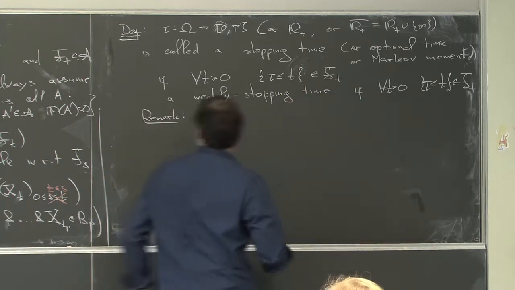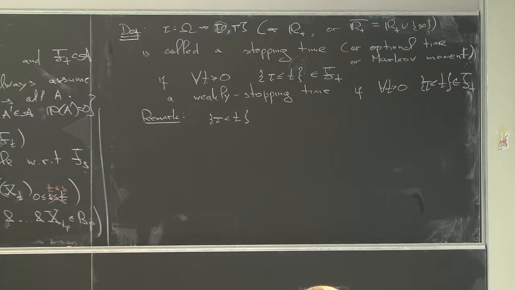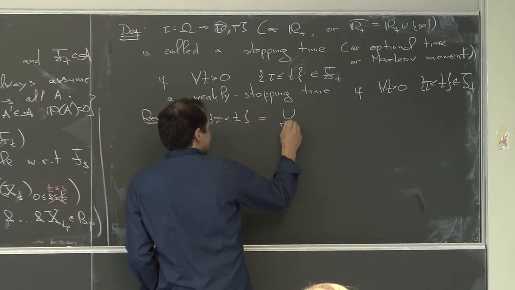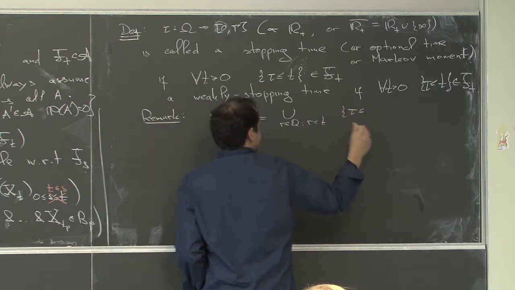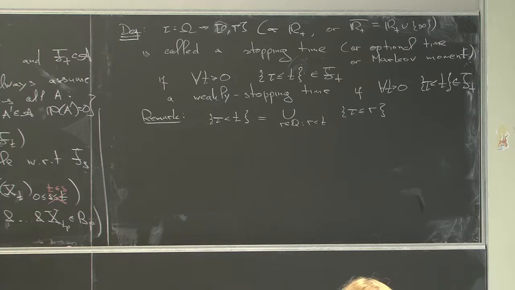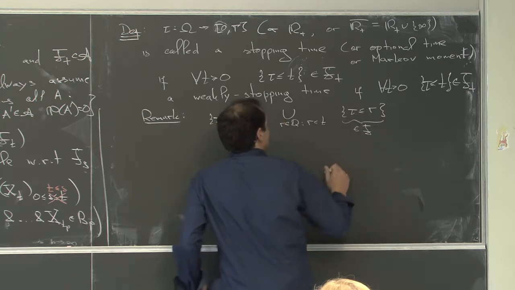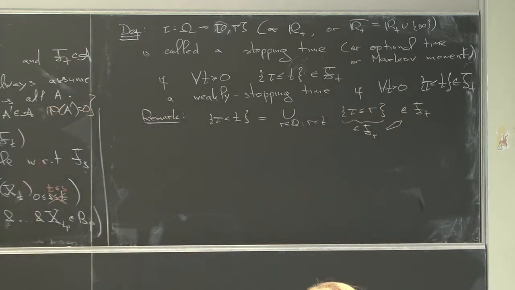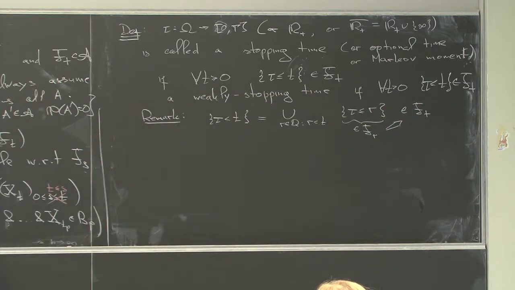This should indeed be a weaker notion, just because this event is the union over all rationals less than t of the event tau less or equal r, right? And because of that, if we know that each of these is in FR, then this is of course in FT. So it means that indeed the first notion at least implies the second. Okay? It's clear what happened.